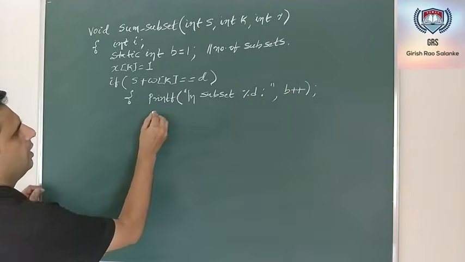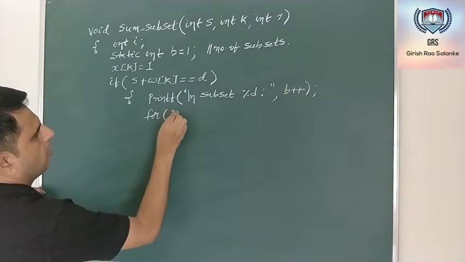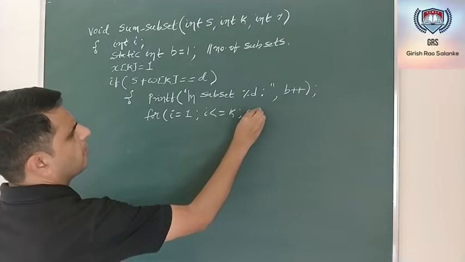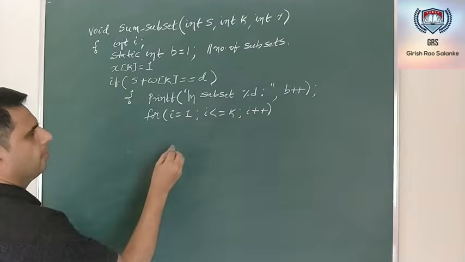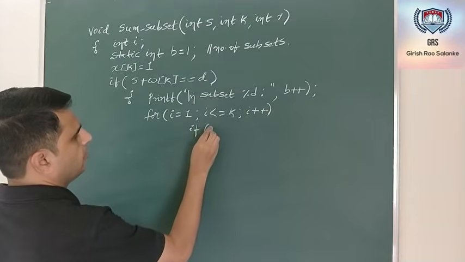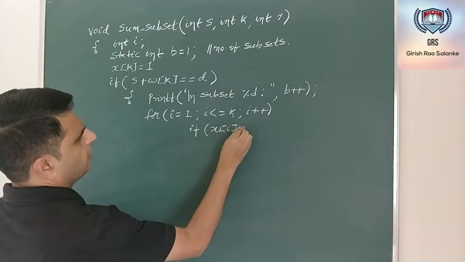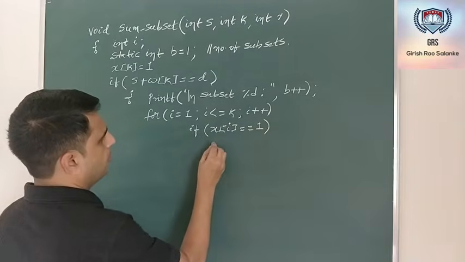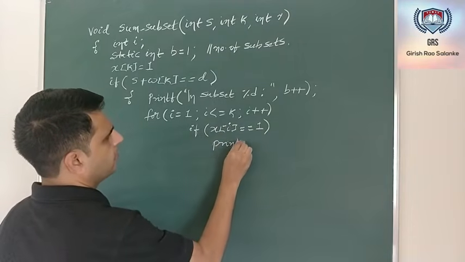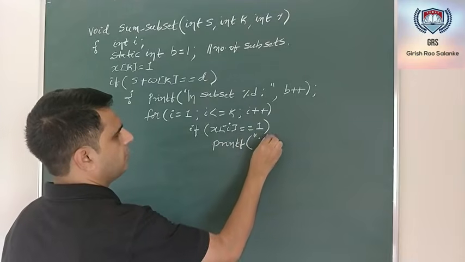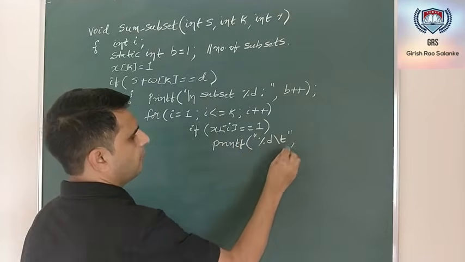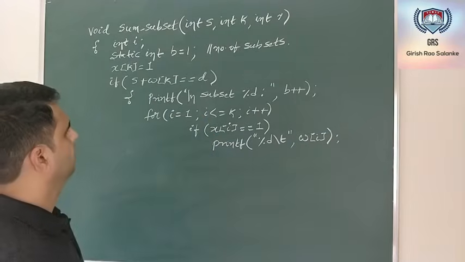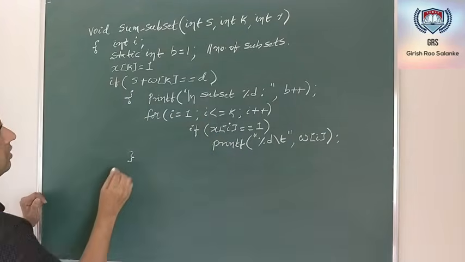Now take a for loop for i equal to 1 to k. If x of i is equal to 1, print percentage d, a tab, plus, print w of i. This was one condition.